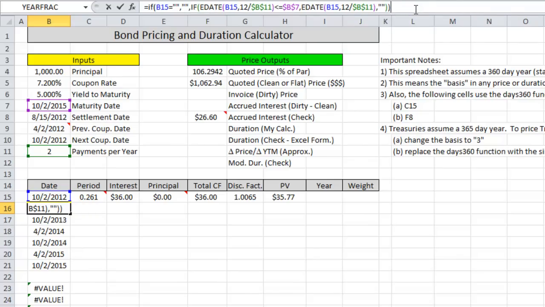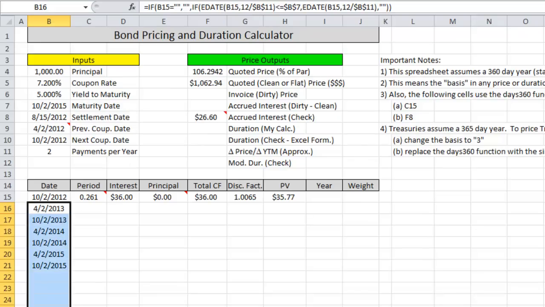So it's a nested if-then statement, not terribly complex, but you may want to take a minute to make sure you're comfortable with it. Again, we're just saying if the previous cell equals nothing, then we want nothing in the current cell. If, however, there is content in the previous cell, then do this if-then statement that we crafted earlier to create the next coupon payment if we're inside the maturity date. Now we should be able to run that down and get rid of those error messages.